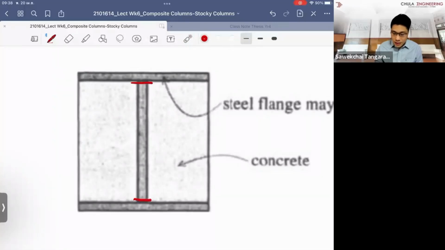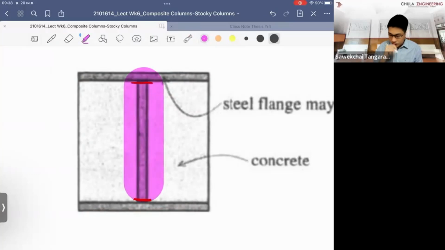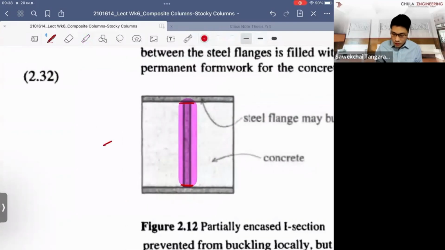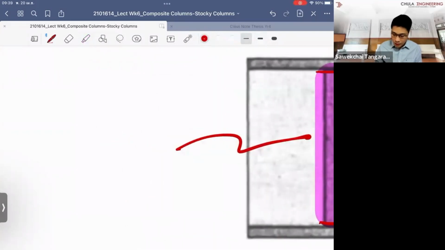So you might see that the top part of the flange has been unrestrained. Only the bottom surface of the top flange has been restrained by the concrete. Similarly, for the bottom flange here, the only part that has been considered as fully unrestrained doesn't form the local buckling at all. So you don't need to check the local buckling. That's why I put it here, no local buckling.